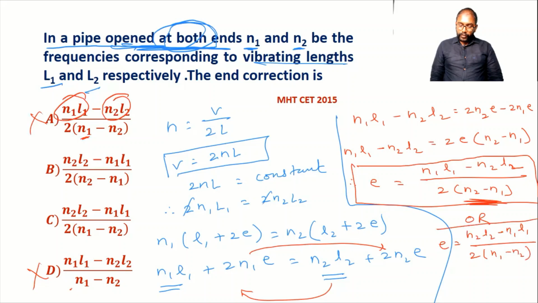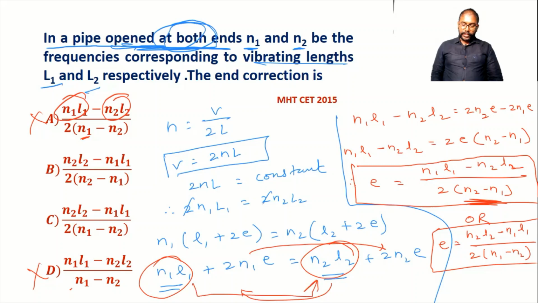So in that way also we can write. Instead of shifting this N2L2 to the left hand side, if I shift this N1L1 to this side, then we get this formula. Now this formula is written in option C. You can see here N2L2 minus N1L1 is there, and divided by 2(N1 minus N2). So this C option is the more correct option here. So option C is the answer.